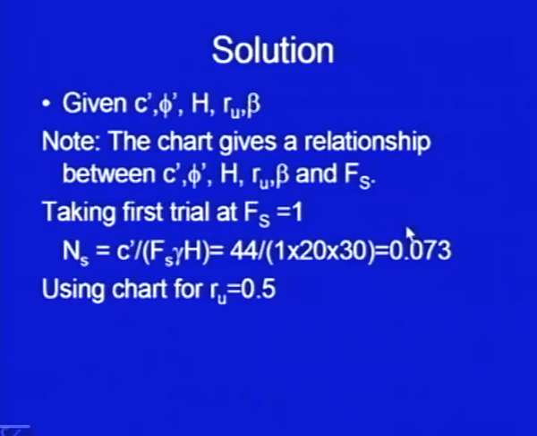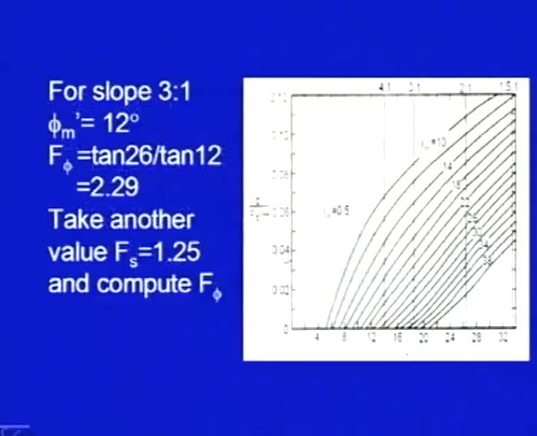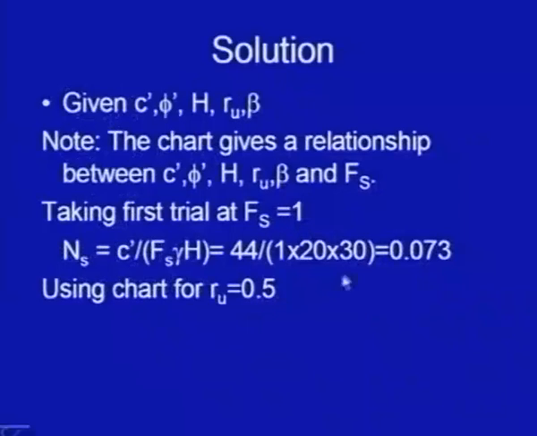0.073. Now, use the chart for the given ru value, and here is the chart given to you for ru equal to 0.5, and also for slope 3:1. This is the vertical line that represents the slope 3:1, and for the value of Ns which we obtained in the previous slide, Ns was 0.073.